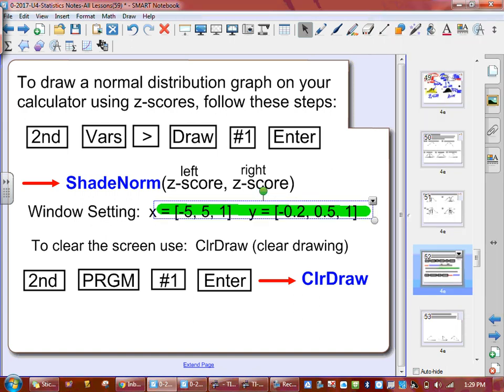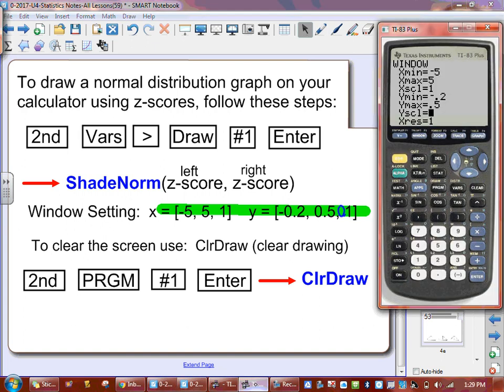Now what we're going to do, we are going to use shade norm. We're going to draw some of these graphs. So we're going to draw graph D from page 24.